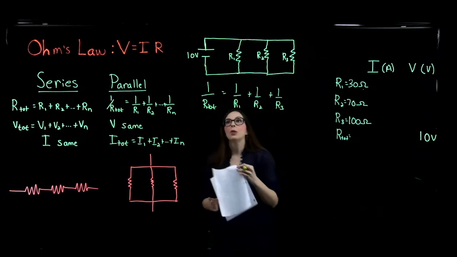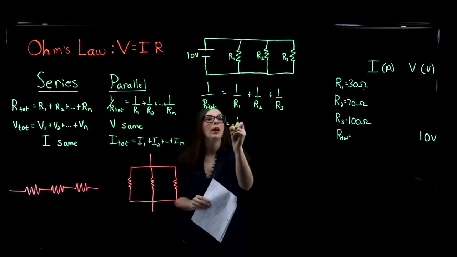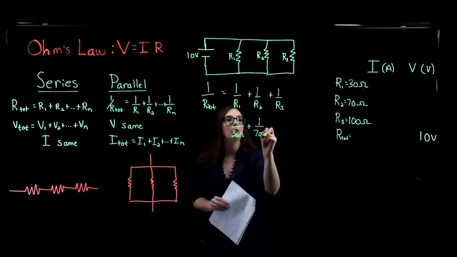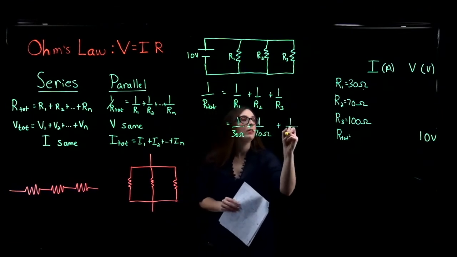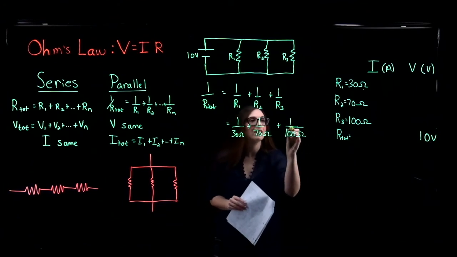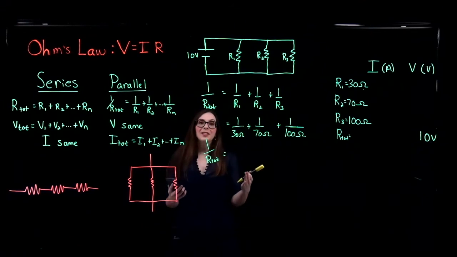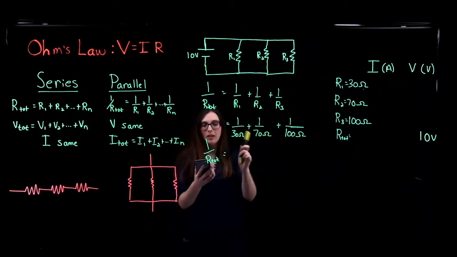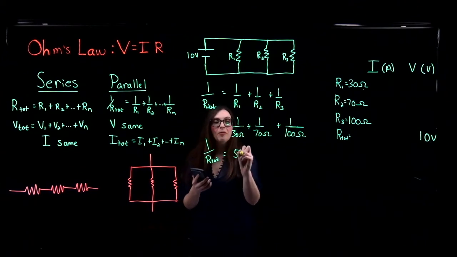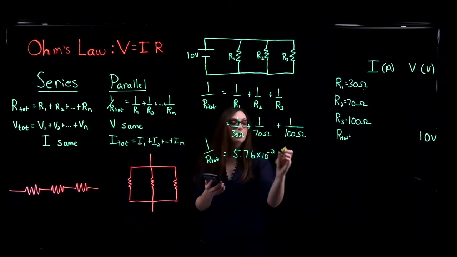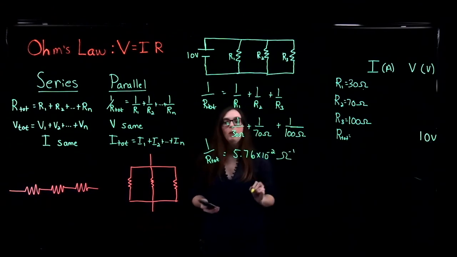So that's going to equal 1 over 30 ohms plus 1 over 70 ohms plus 1 over 100 ohms. I don't do a super great job of drawing my omegas here, and they get a little bit sloppy. This tells me that 1 over our total resistance is equal to, I just calculated this, 5.76 times 10 to the minus 2 inverse ohms.